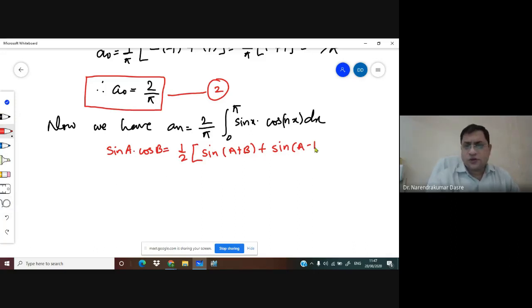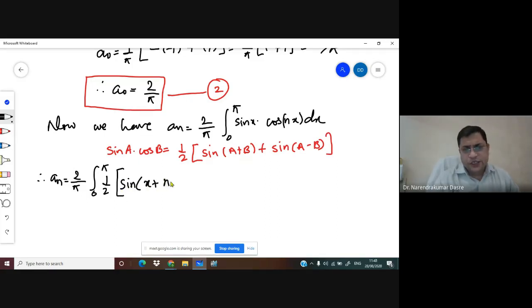Now use this formula, and hence we are able to write an is equal to 2 upon pi integral 0 to pi half of sin of x plus nx plus sin of x minus nx, and this is dx.